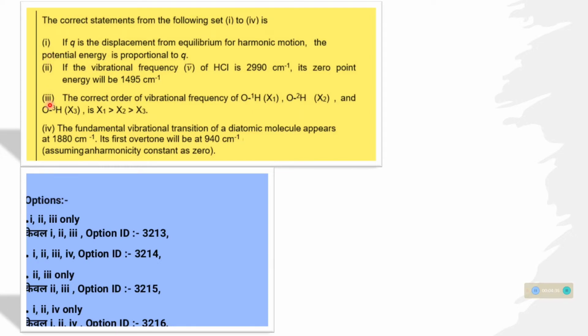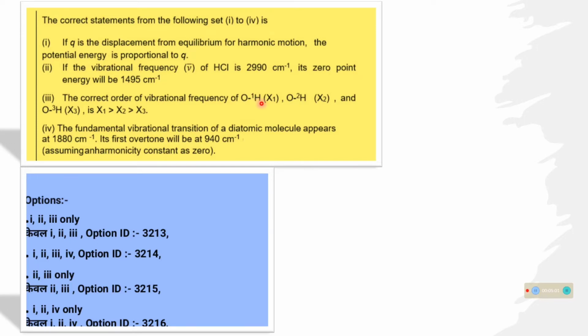Now move to statement 3. It says that the correct order of vibrational frequency of OH1, OH2, OH3 is in the order. They are given 3 OH bonds, but they use 3 different isotopes of hydrogen.